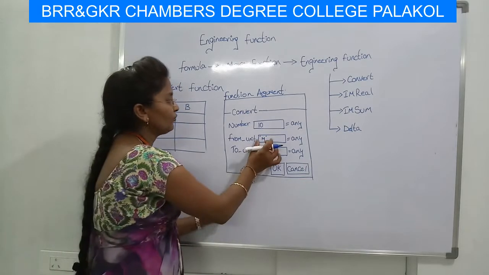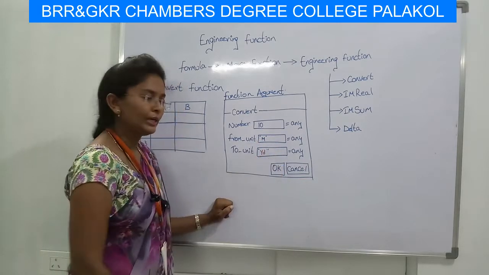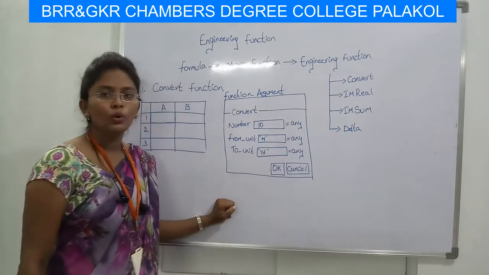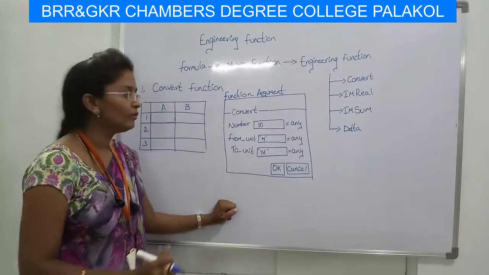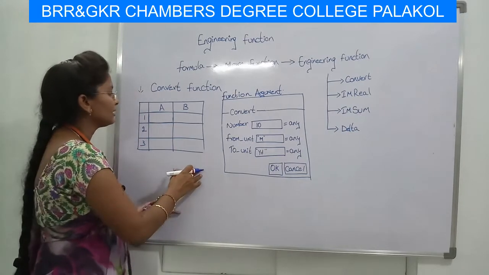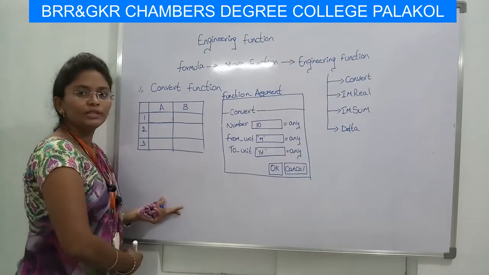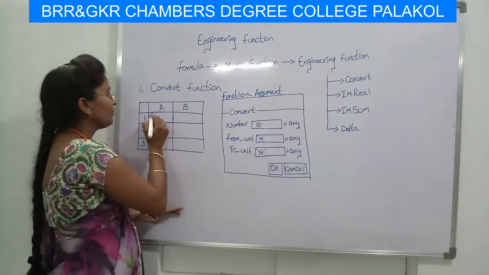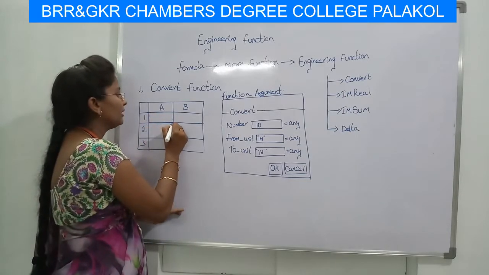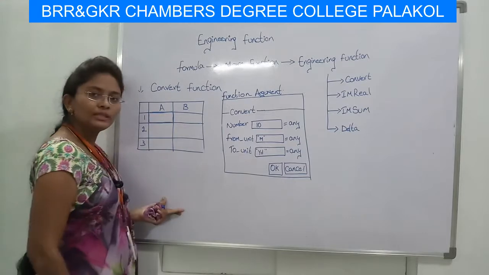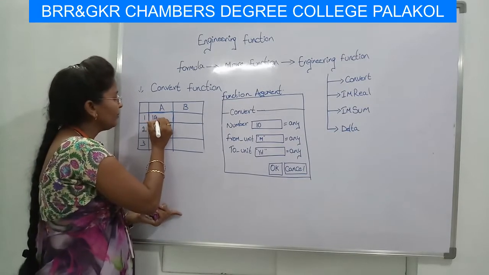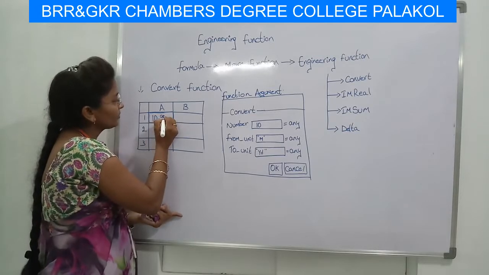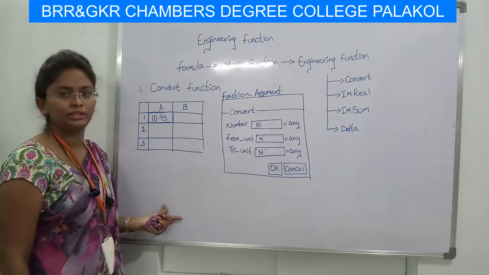After entering from unit and to unit, at last click on the OK button. Whenever you are clicking on the OK button, it will display the answer. That means it will display the answer in the A1 cell that I first selected. The answer will be 10.93.